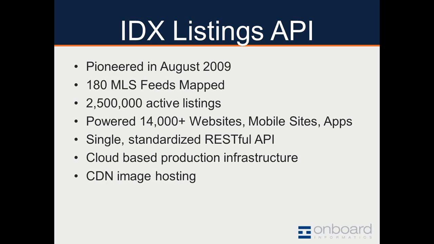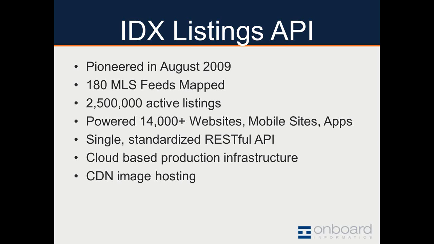And we were able to, through some education, help the MLSs realize that by providing the IDX information via API, we actually have a much tighter level of security and control over who has access to the data and when that data is refreshed.